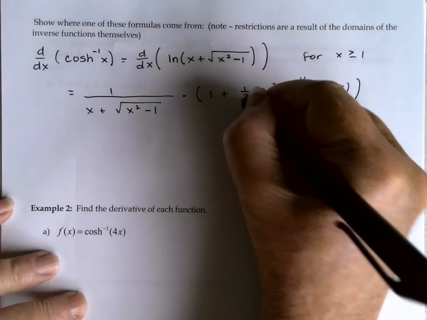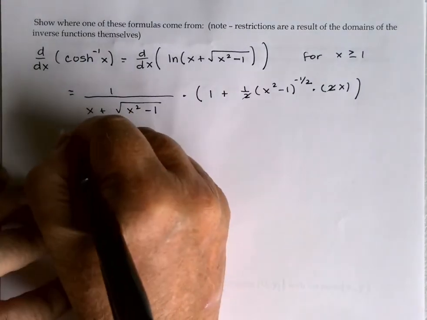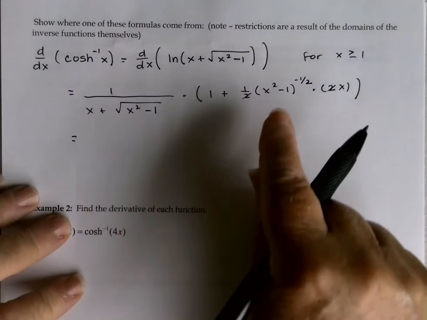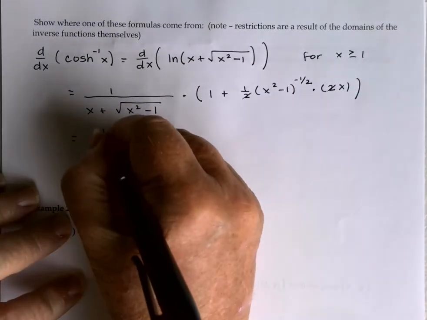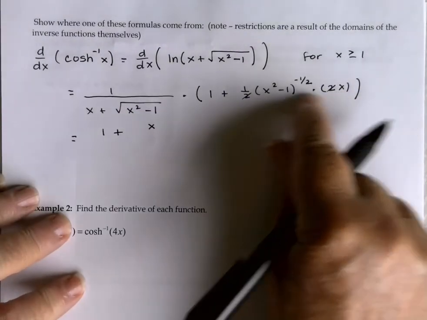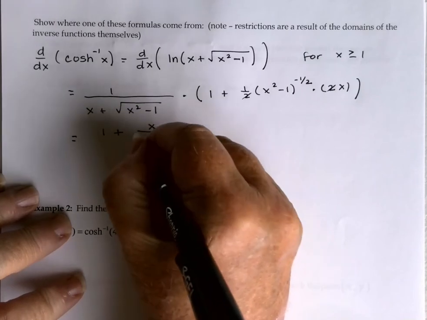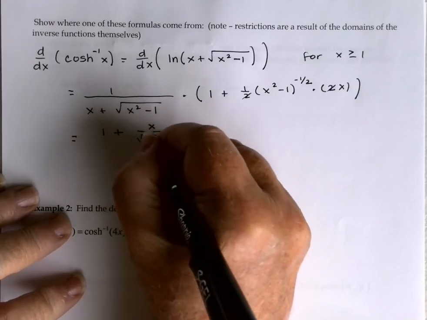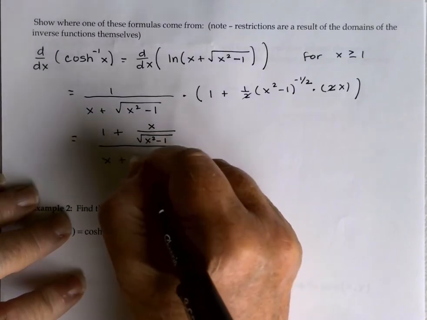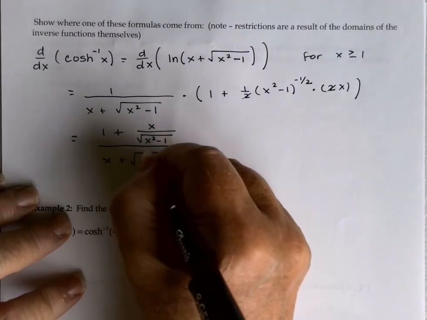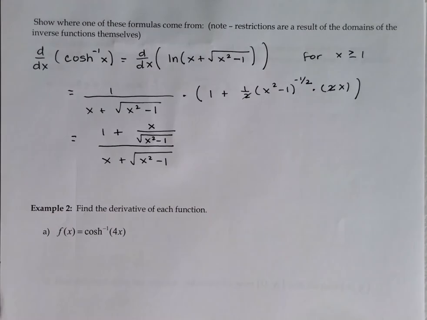And let's see, I can let these 2's cancel. So in the numerator, I have 1 plus this x over the square root of x squared minus 1, all over x plus the square root of x squared minus 1.